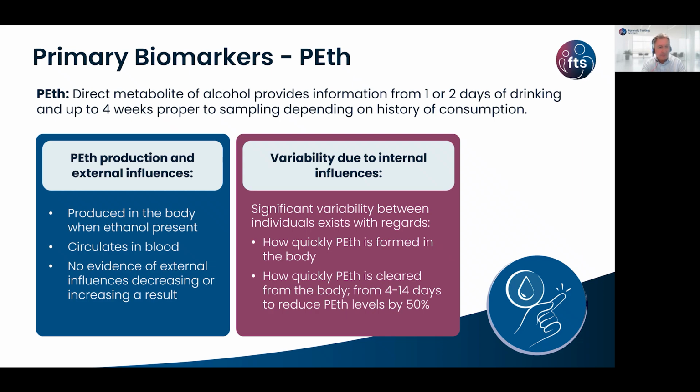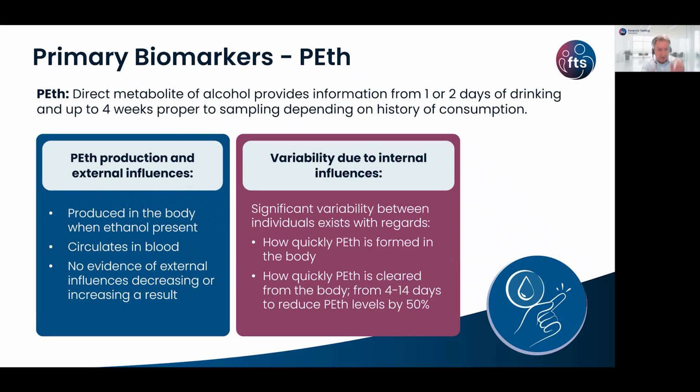It circulates in the blood, so therefore its presence in the blood when it's collected. And there is, at this point, no evidence of any external influences decreasing or increasing the results you would expect to see from PEth. So it's a very stable medium, easy to collect, not invasive really in any way, and it does produce a good set of results for you.